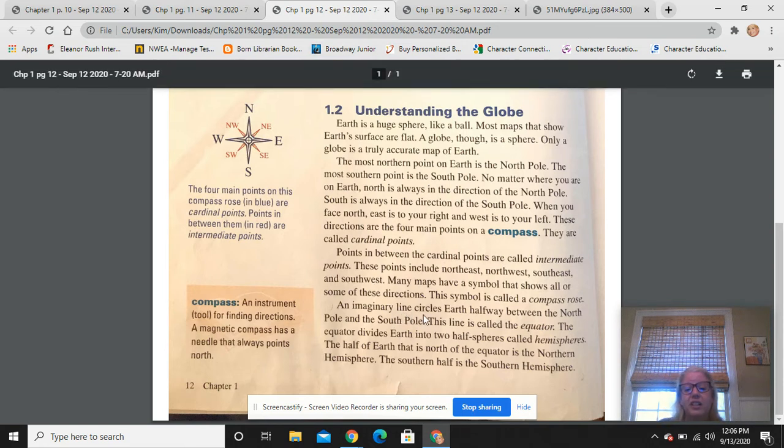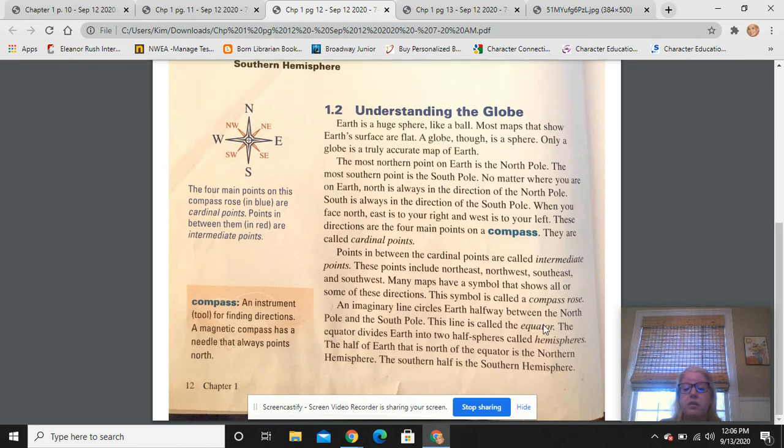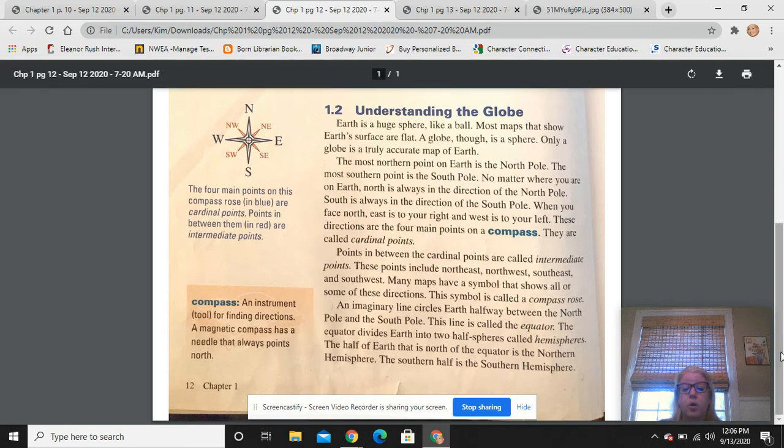An imaginary line circles Earth halfway between the North Pole and the South Pole. This line is called the equator. So the equator divides Earth into 2 half spheres called hemispheres. The half of the Earth that is north of the equator is the northern hemisphere. The southern half is the southern hemisphere.